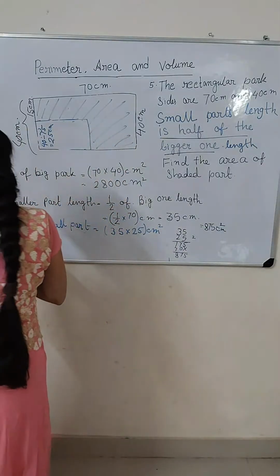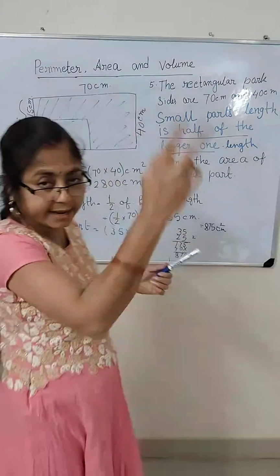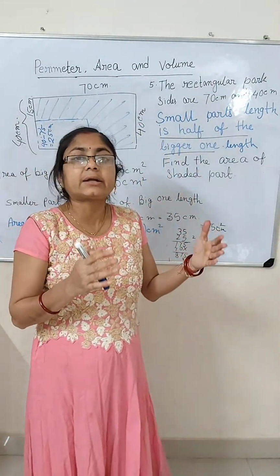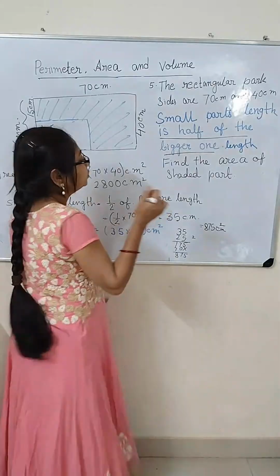Now, what is the shaded part? What is the second step? Just subtract the two areas.